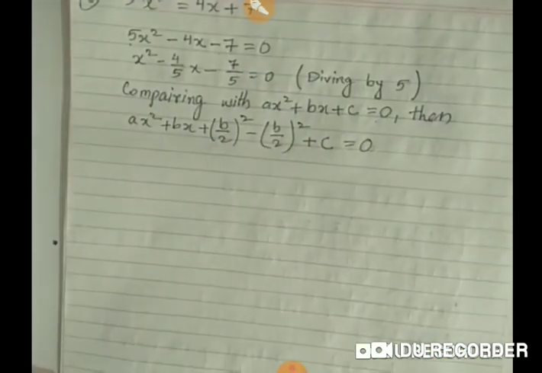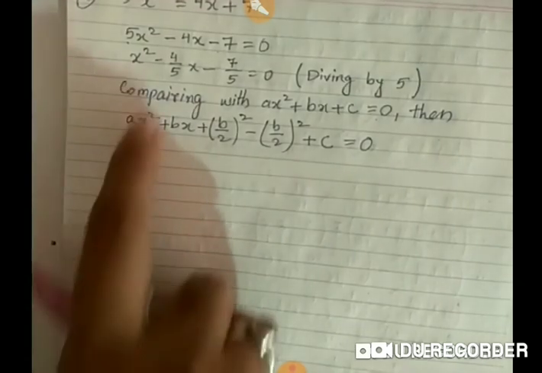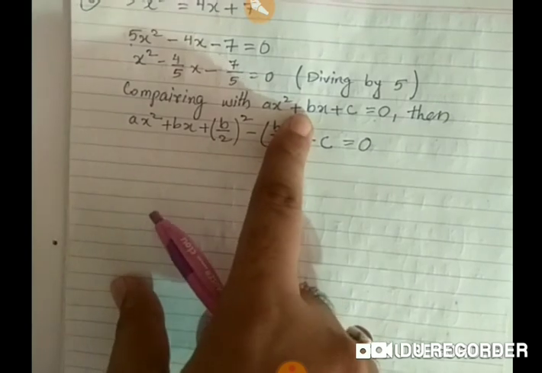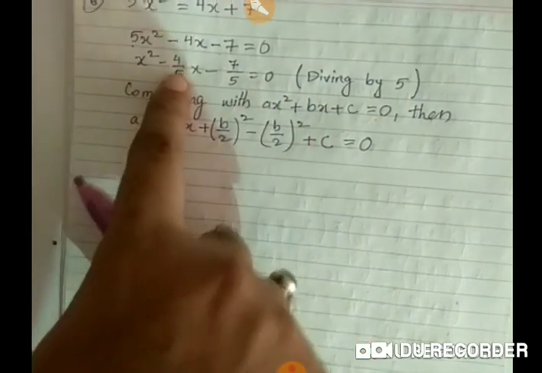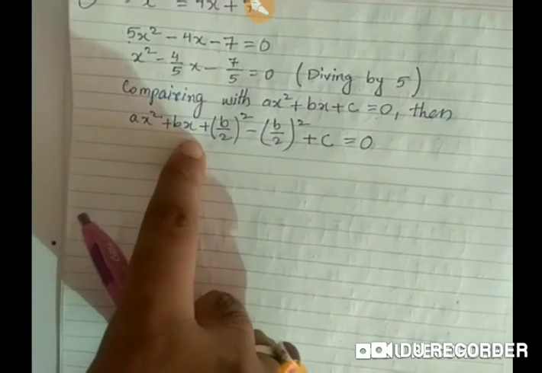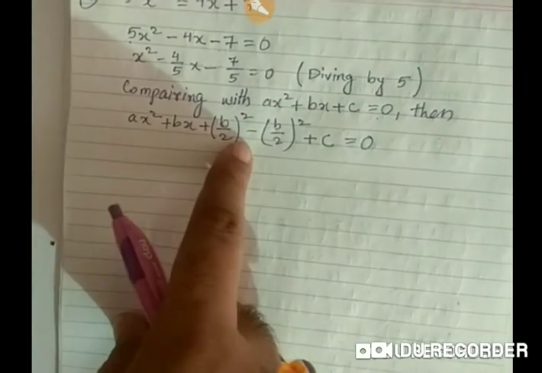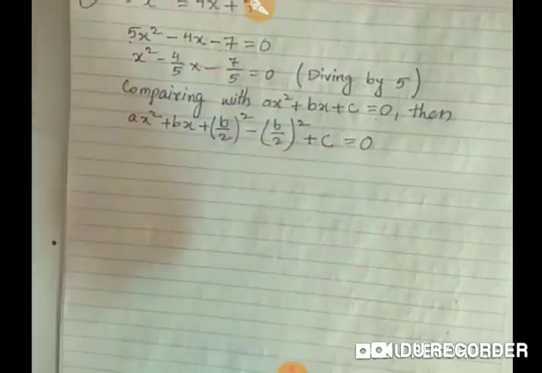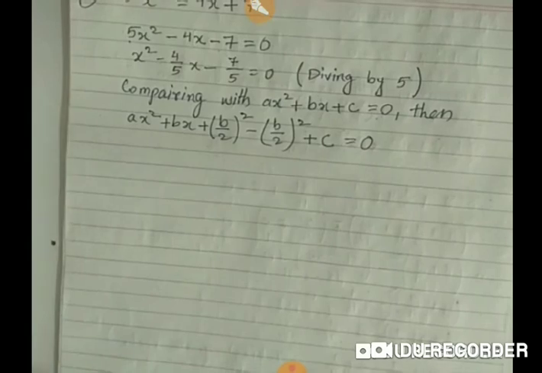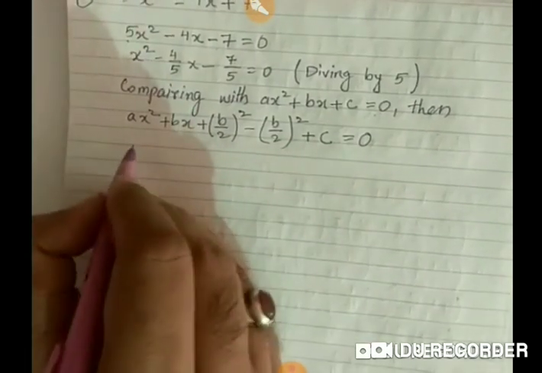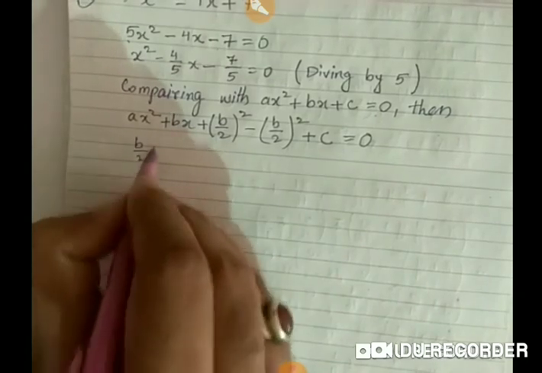So on comparison, we found that our original equation is in this form. So I can write this equation as ax square plus bx plus b by 2 whole square minus b by 2 whole square plus c equals to 0. For that we need value of b by 2 whole square. So I'll calculate b by 2 whole square.